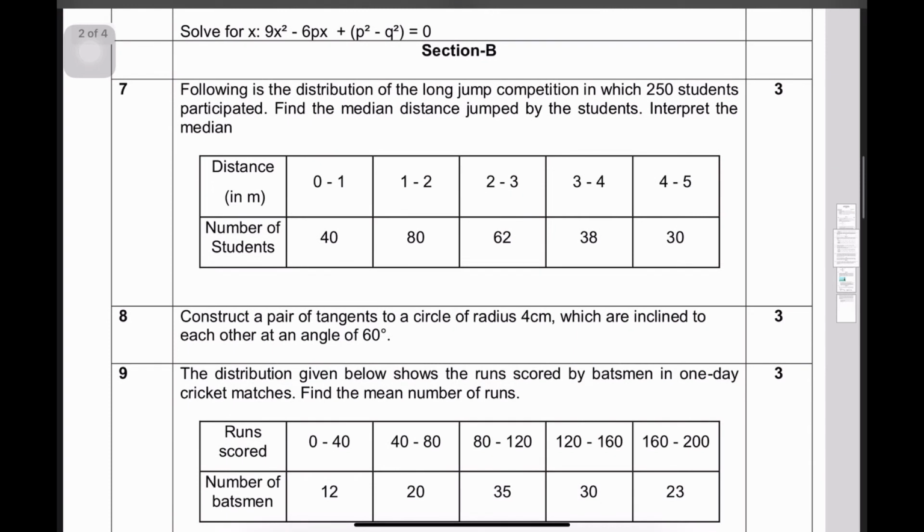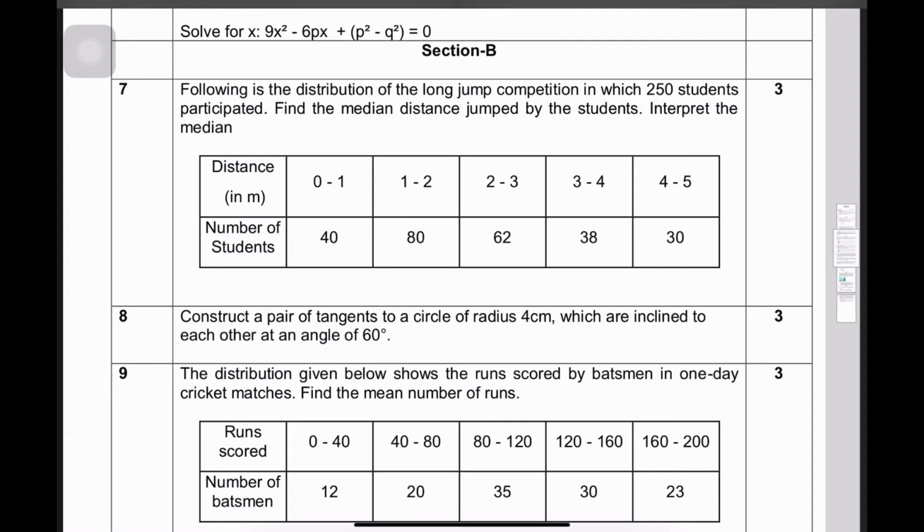Going into Section B, the 7th one: following is the distribution of the long jump competition in which 250 students participated. Find the median distance jumped by the students. Interpret the median. Distance in meters is given as 0 to 1, 1 to 2, 2 to 3, 3 to 4, 4 to 5. Number of students is 40, 80, 62, 38 and 30.